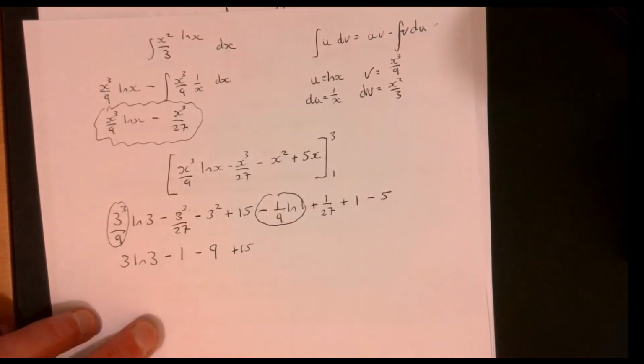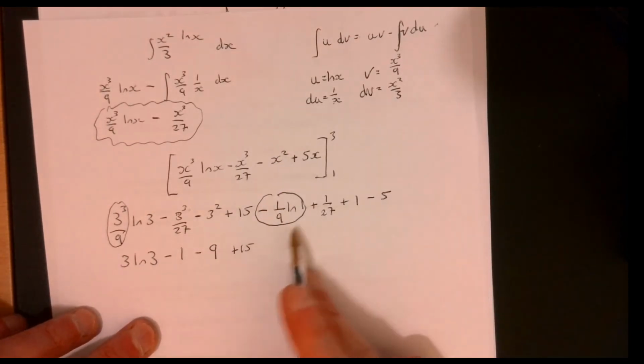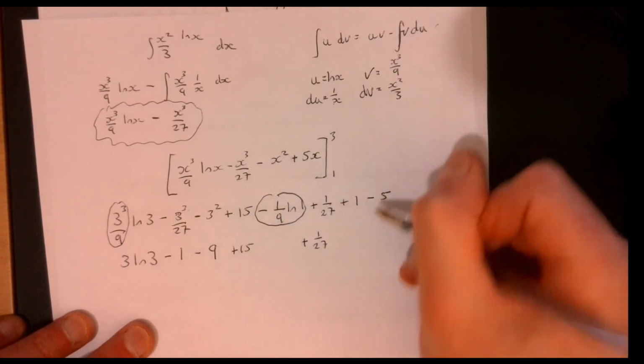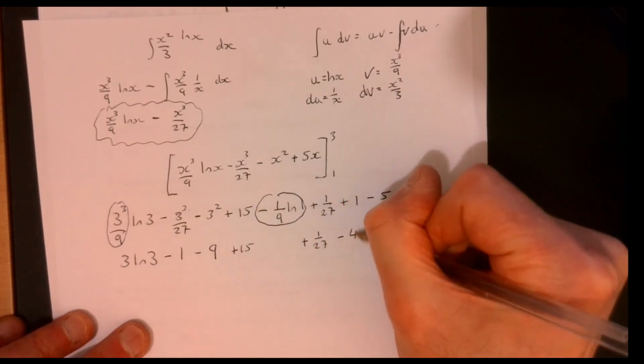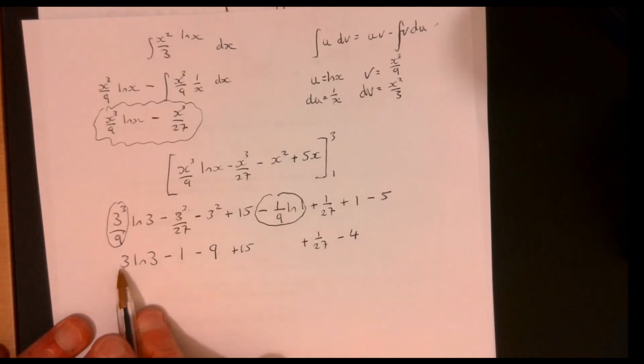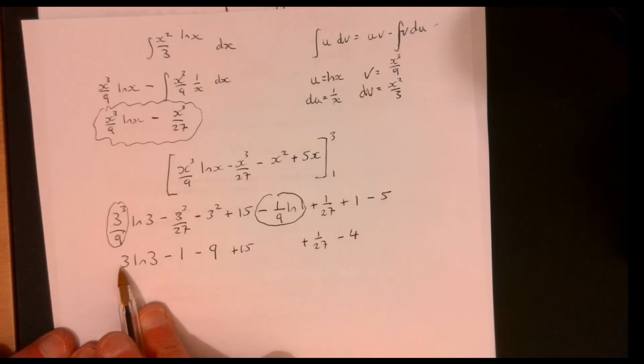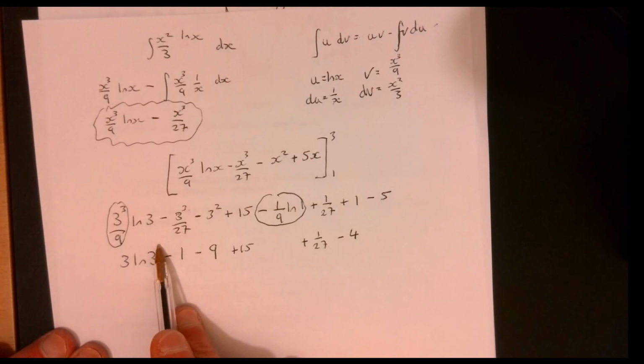And then what do you get here? Well, what is ln 1? ln 1 is 0, so that's not going to be there. 1 over 27, and then I'll put take away 4 at the end. There we go. ln 3 times 3, so that's 3 to the power in here.